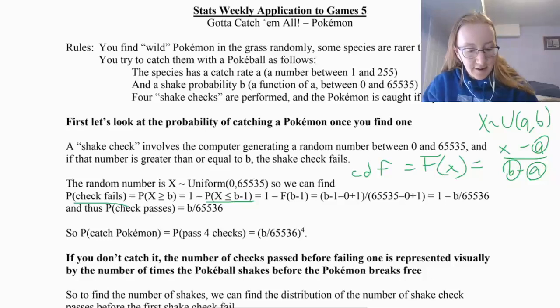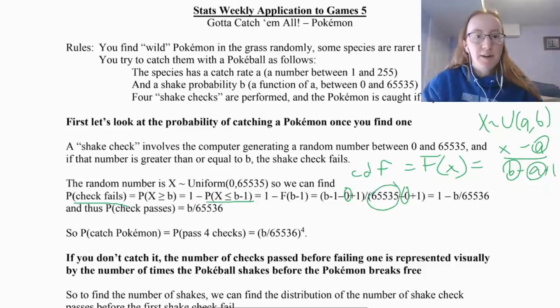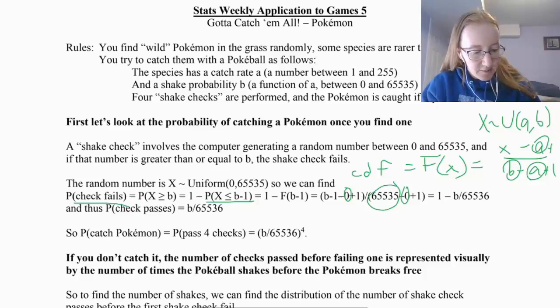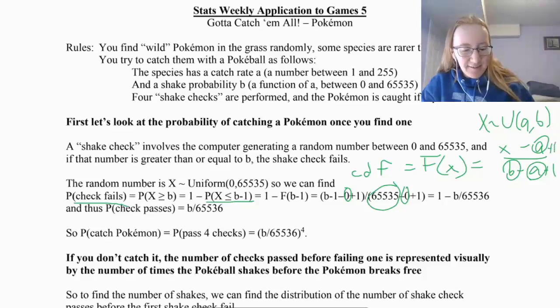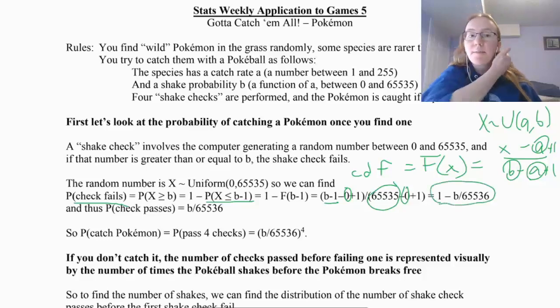Here A is 0, so that's the 0 here and here, and B is 65536. And there's a plus 1 on the bottom here, sorry. B minus A plus 1 on the bottom, and X minus A plus 1 on the top. So we have B minus 1 minus 0 plus 1 over 65536 minus 0 plus 1, which is just 1 minus B over 65536. So that's the probability that the shake check fails, and thus the probability it passes is 1 minus that.